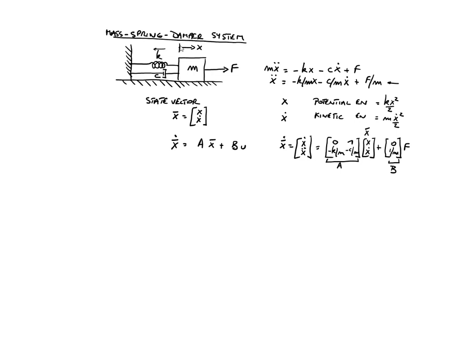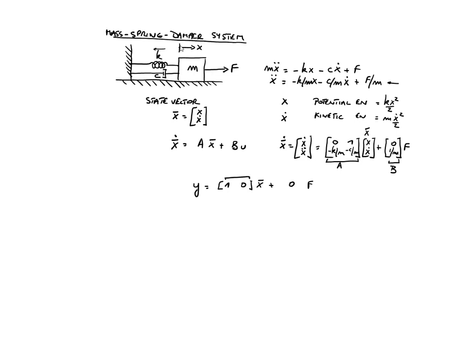So this is my A matrix, and this is the B matrix, right? Well, what about the C and the D matrix? That depends on what is measured. For instance, if we assume that only the position x is measured, then y is equal to 1, 0 times x bar, plus D, which will simply be 0 here.